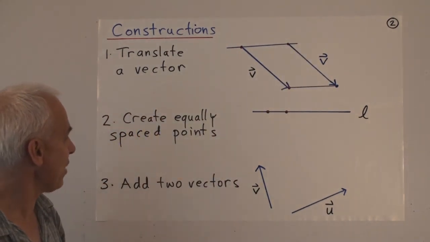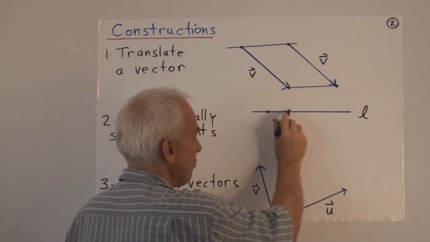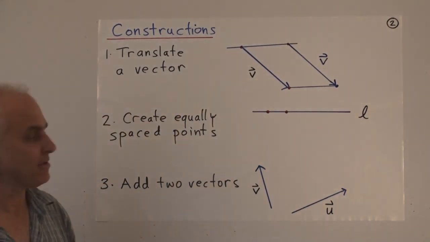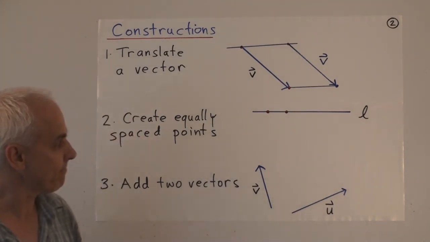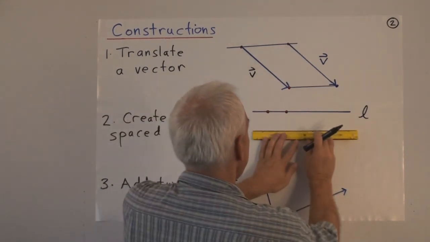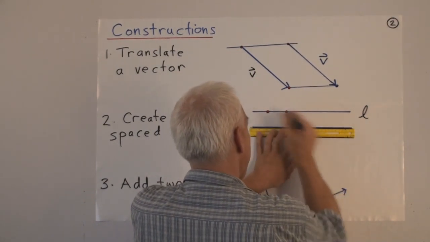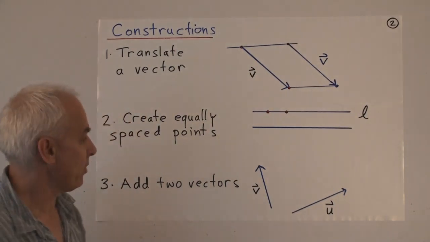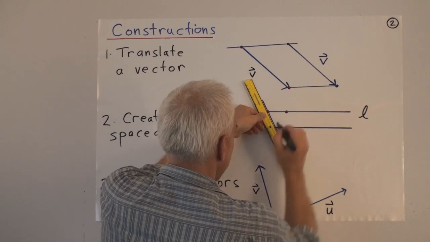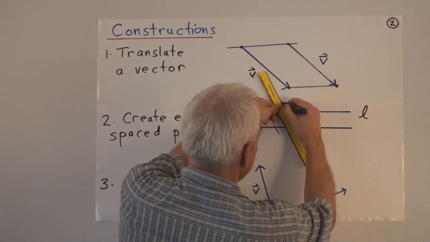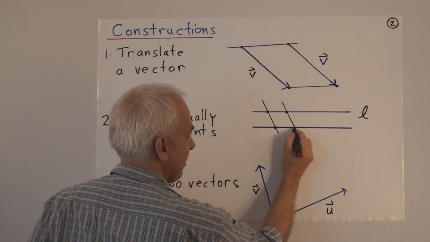Our second construction is how to create equally spaced points. So we're starting off with a line and 2 points on it, and we want to create some more points that are equally spaced to these ones. So what we'll do is we'll start with another line parallel to our given line, and then we'll choose any other line through the 2 points parallel to each other, like that. And that forms for us a little parallelogram.